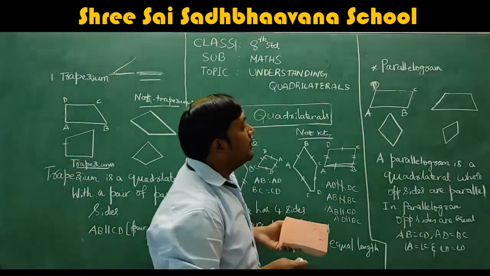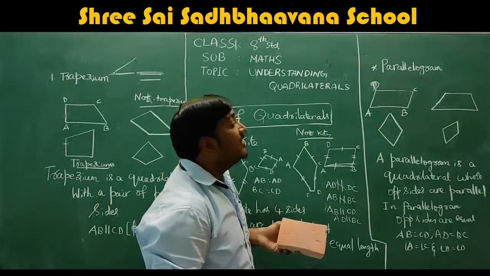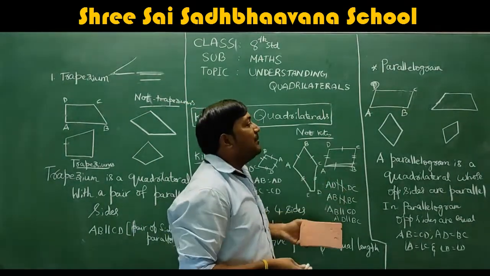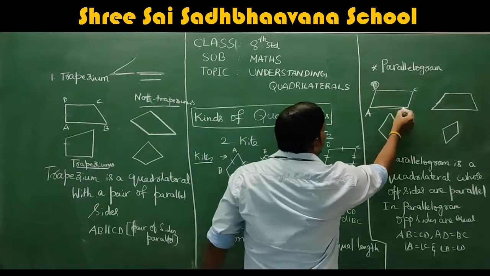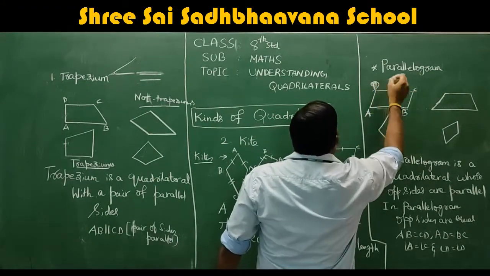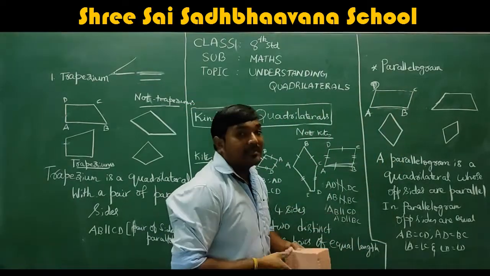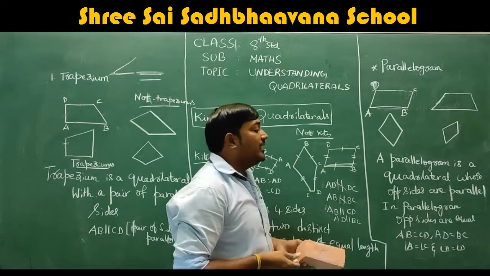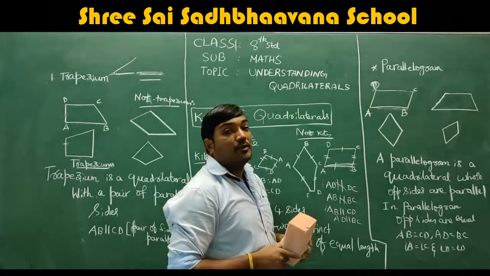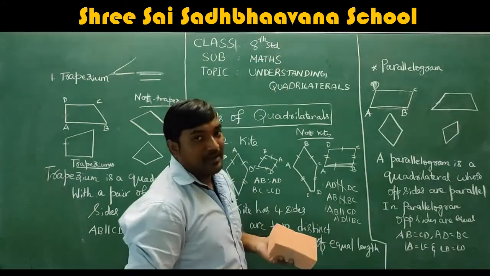It means the side AB is parallel to the side CD. Similarly, AD is parallel to BC, as well as the length AB is equal to CD and AD is equal to BC also. Their lengths are equal and they are parallel.